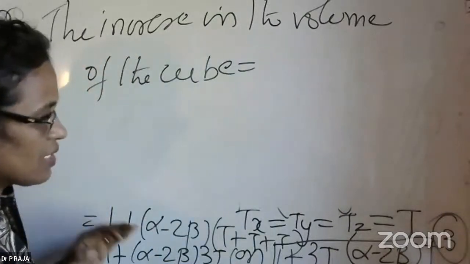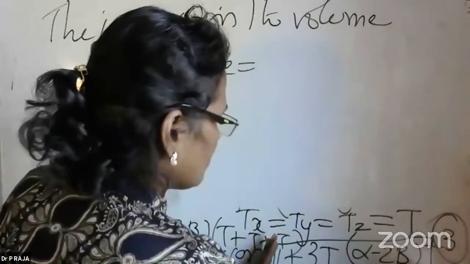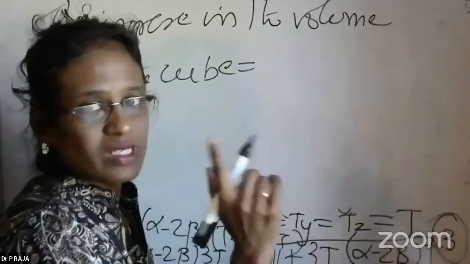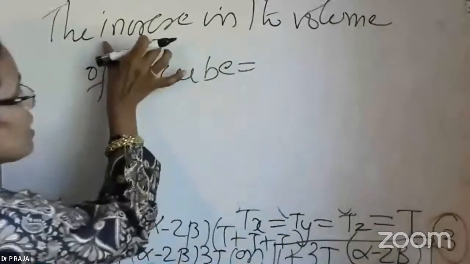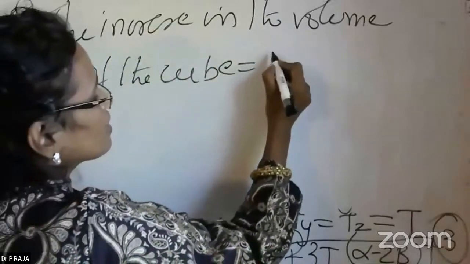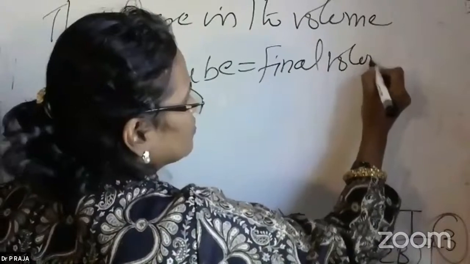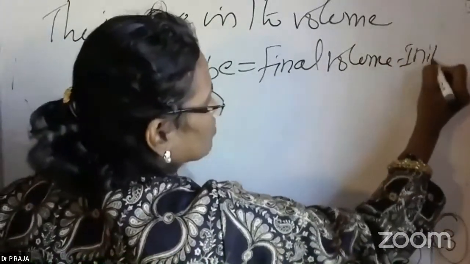So I will put it as this factor. This is the final volume. What is the initial volume? It is 1, isn't it? So the increase in the volume of the cube will be the final volume minus the initial volume.